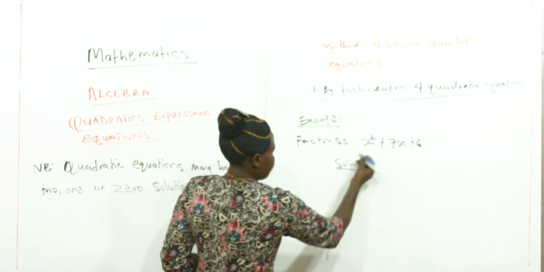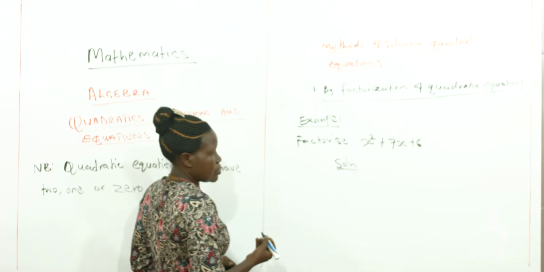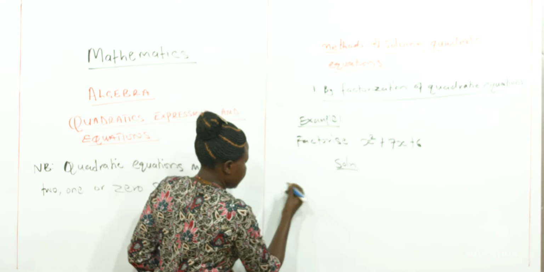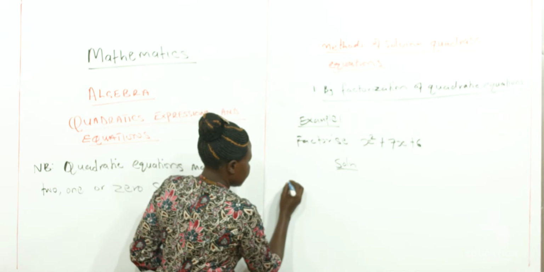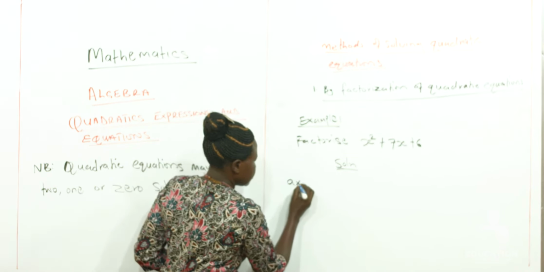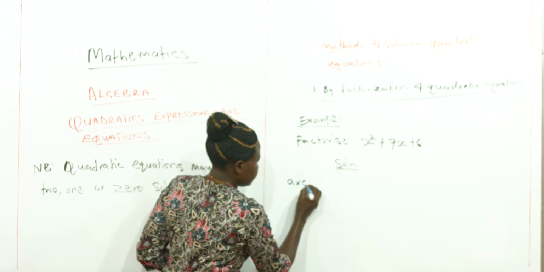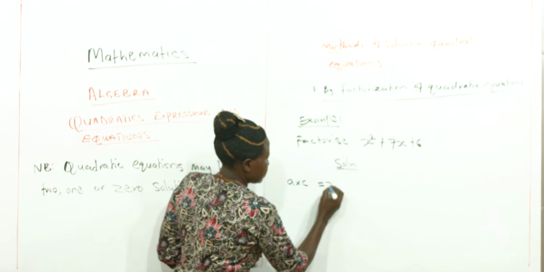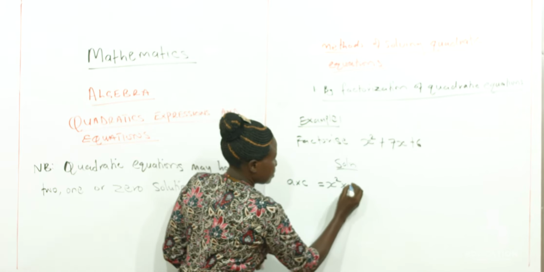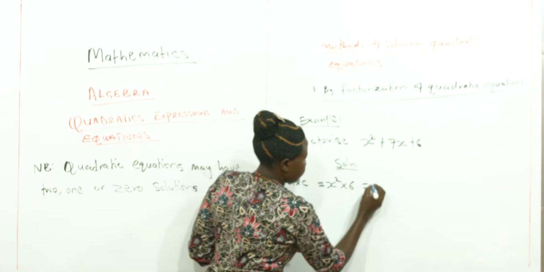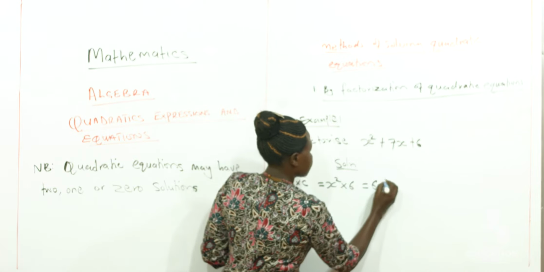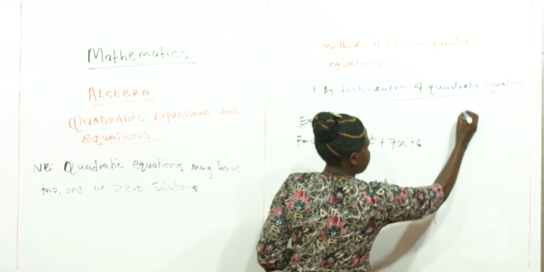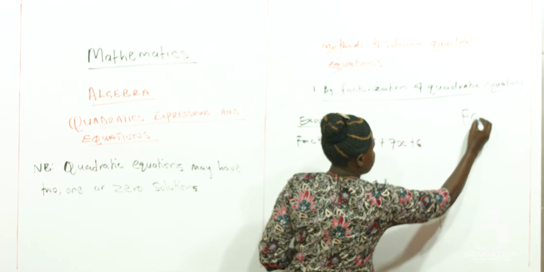So I always encourage you to use the quadratic method. That is, we get A times C. A times C is the same as x square times 6, which will give us 6x square. So after getting that, we get the factors of 6x square.